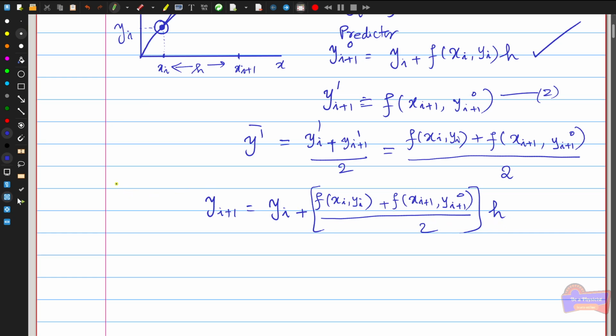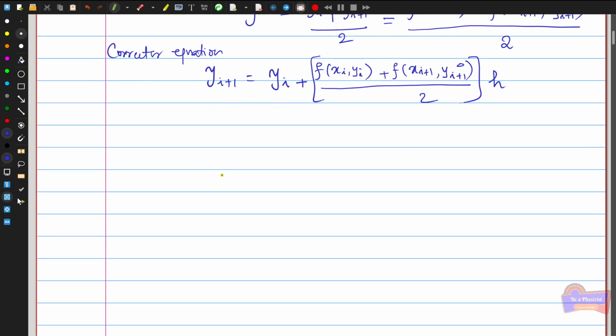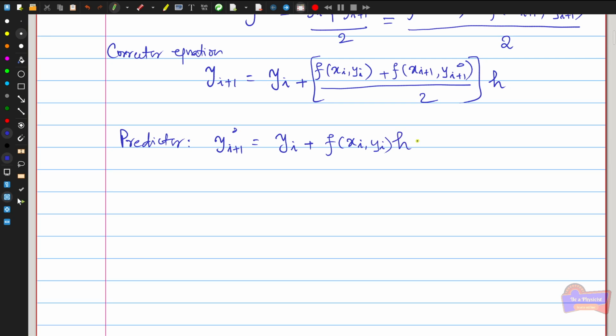So this is actually the predictor. This is the corrector equation. So I can just combine this predictor and corrector equation. So the predictor is y_{i+1}^(0), which is equal to y_i plus f(x_i, y_i) times the time step h.